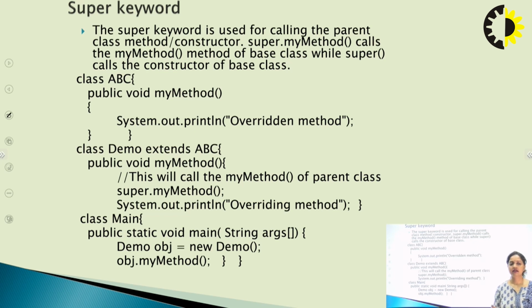As we saw in the previous example, the eat method is never called for the parent class whenever the object invokes it, as it is overridden by the child class eat method. So in order to prevent that, we can use this super keyword. The statement says that the super keyword is used for calling the parent class method.